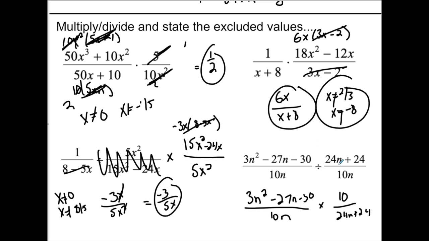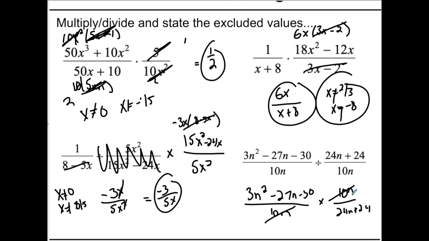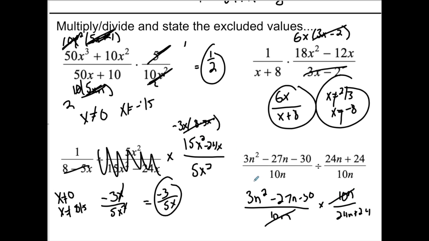Okay, anyway, over here, you do the flip. The 10n's are going to cancel, and let's factor. So up here, we're going to have a GCF. We'll pull out the 3. n squared plus 9n minus 10, which is equal to 3 times n minus 10 times n plus 1.